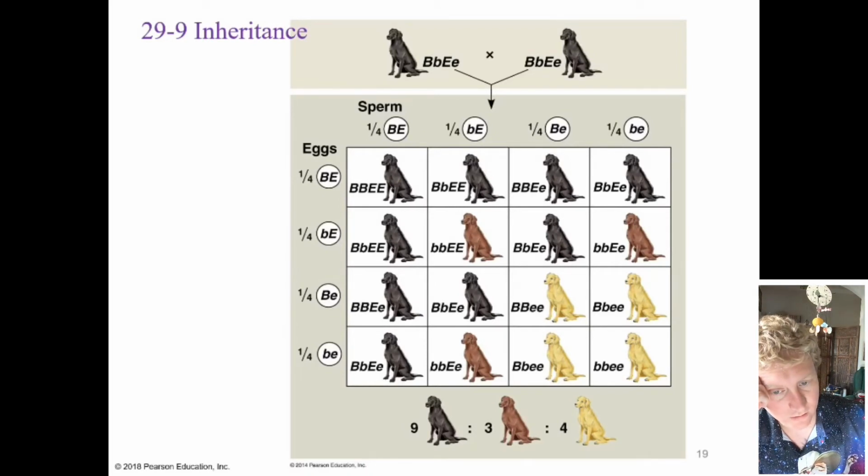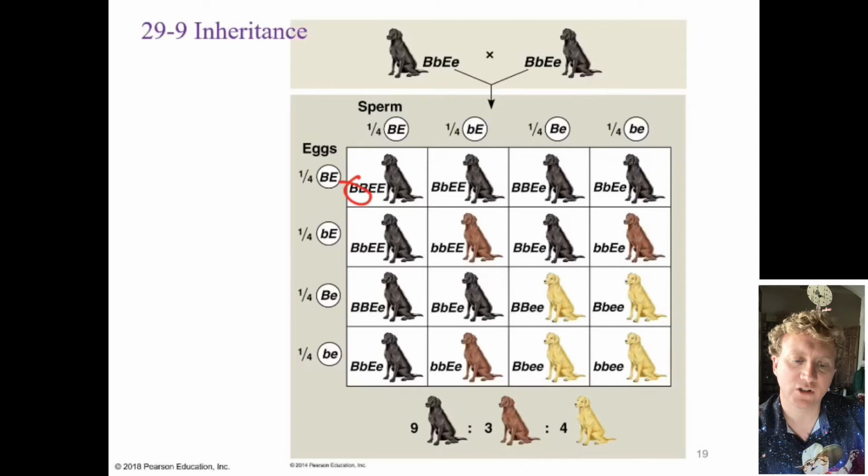These are Labrador retrievers. So if you look, the B is how much color. So homozygous dominant is the most color. Homozygous recessive is the least amount of color. So all your black labs are your dominant phenotypes.